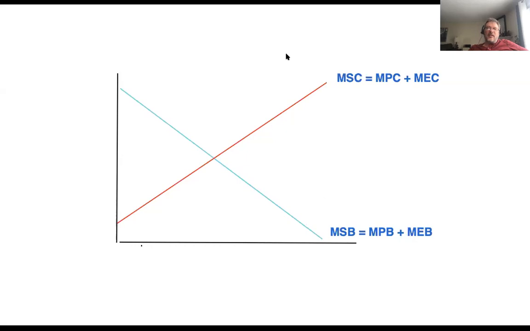Well, the main point is that when we identify a quantity, and I'll label it Q star star, this quantity is what we would call the socially optimal.